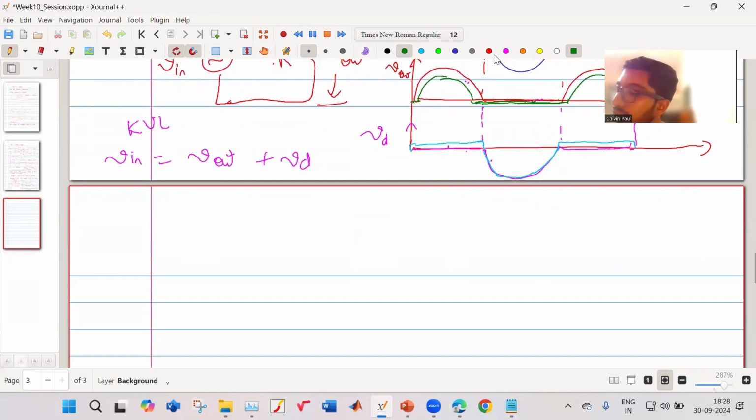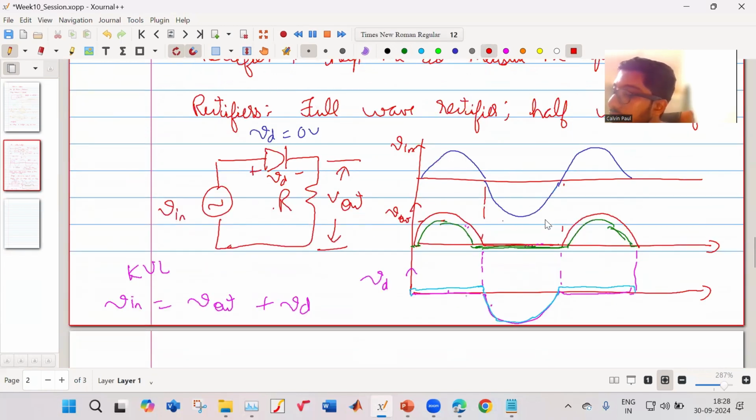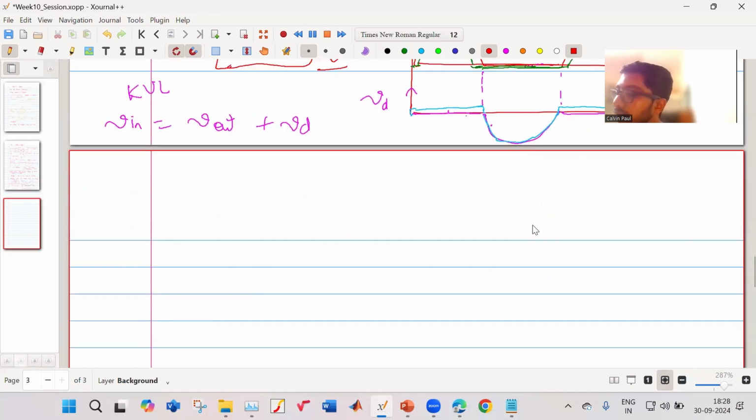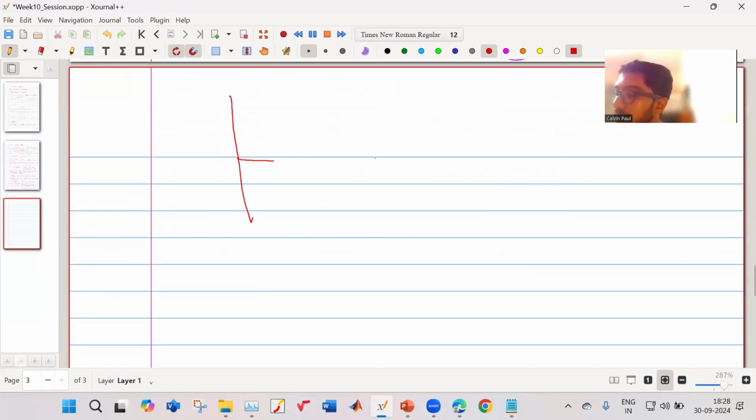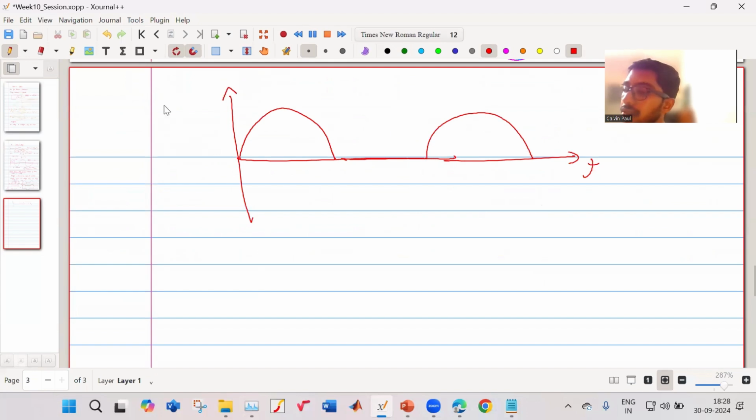So what is your average value of V out? What is the average value of V out? What is its average value? If it is in this form, if your signal is like this, here, like this is your V out, this is your V peak, then what is your average value?